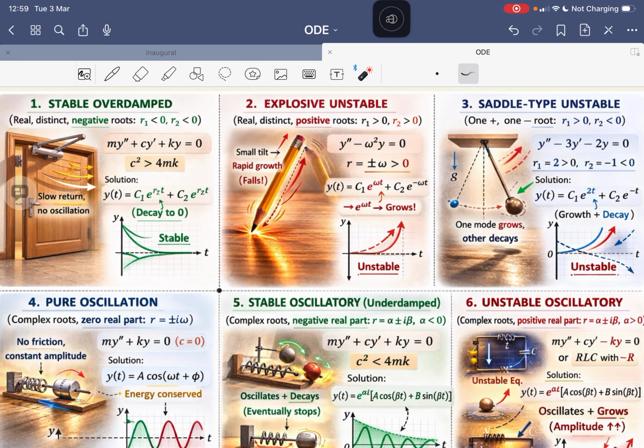Similarly, we can have the two cases where we have the saddle. One root is positive and the other root is negative. The positive is indicating growth, this line, and the negative is indicating decay. So if you have your pendulum here, when you release it here, it's not stable, so it has to come down here, right? But when it is trying to move to this side, there will be g forcing it to come down, and this side is going to be negative, right?